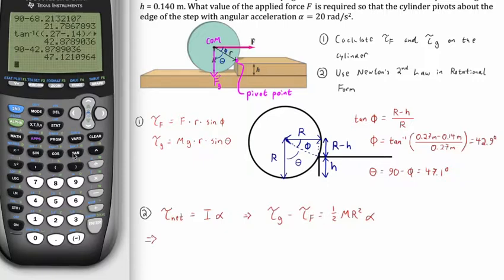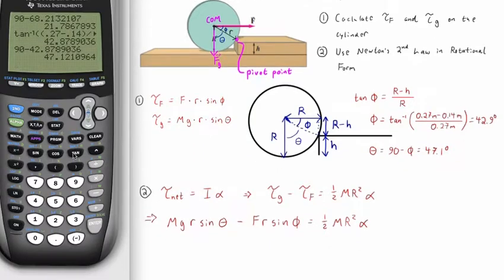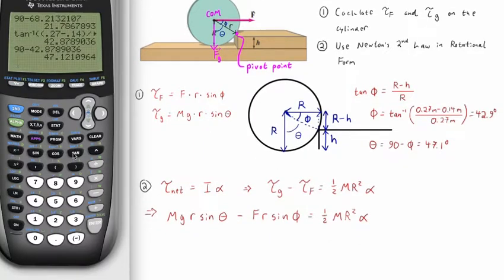For tau g, we have mgr sine theta, we know what theta is now, minus F r sine phi equals 1/2 mr squared alpha. Now I just want to solve for F.